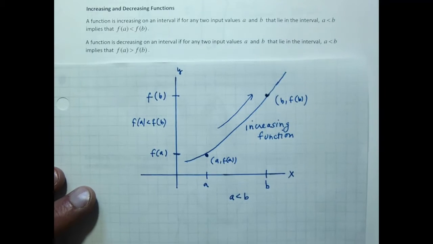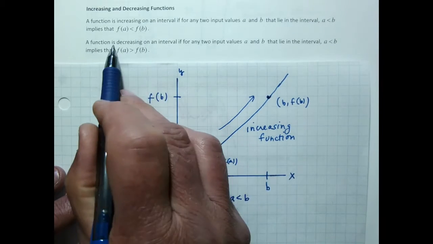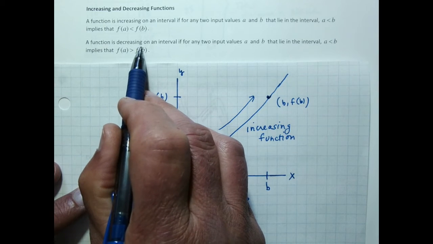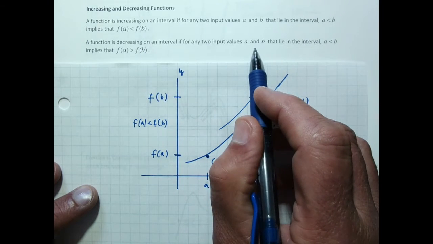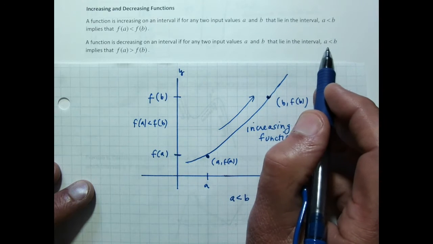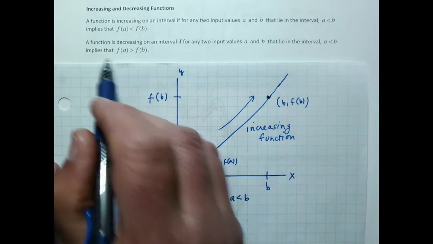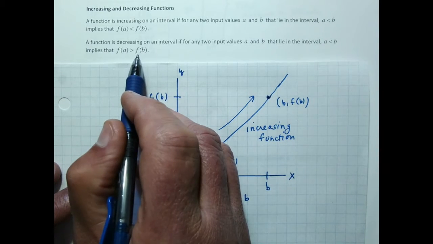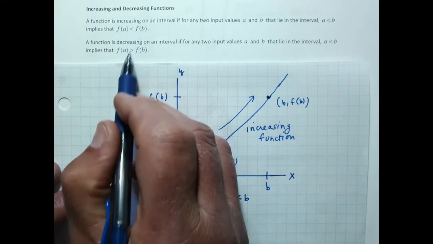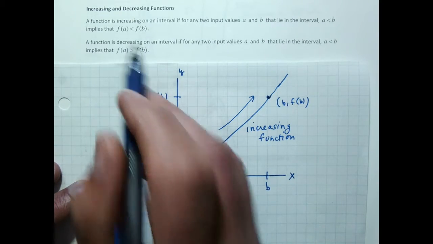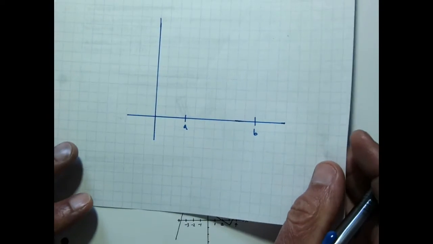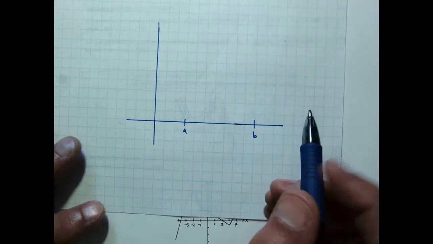Now, the statement that comes after that looks almost the same. A function is decreasing on an interval if for any two input values a and b that lie in the interval, a less than b implies that f of a is greater than f of b. The only difference in these two statements is there's now a greater than sign. So what does that greater than sign mean for our picture?